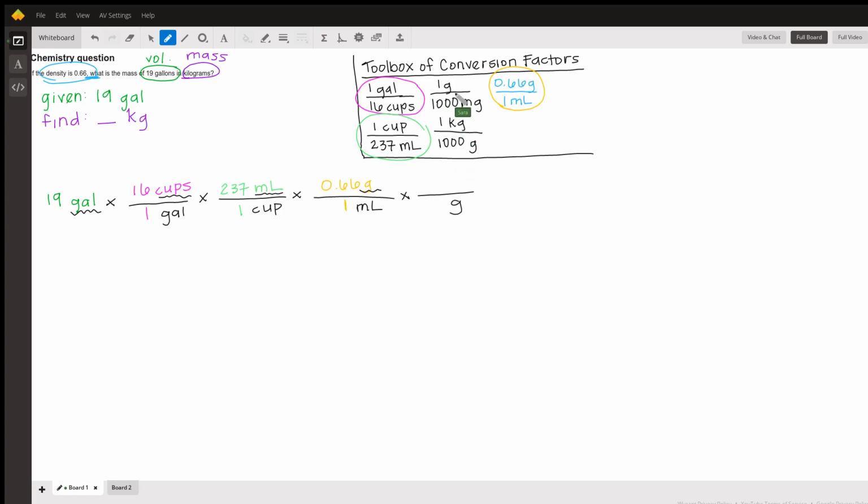Now I have 2 of them that have grams in them, right? Well, let's see. My final answer needs to be in kilograms. So I have no reason to mess with this one that's in milligrams. So we'll go ahead and use this one here. That takes us straight to kilograms.